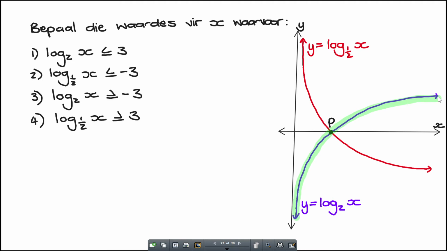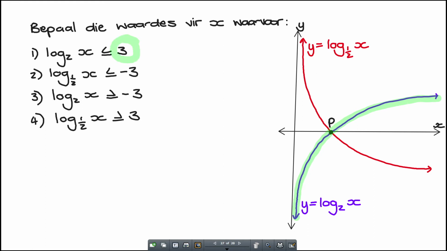Now they want to know, where is it less than 3? But where's 3? So, I first have to find out, where would that 3 be? What would be the coordinates? Normally it is equal to y. So, I know that the y coordinate is 3.